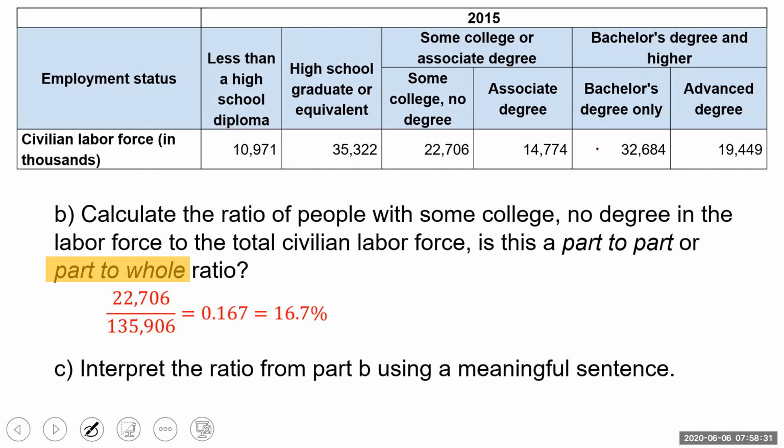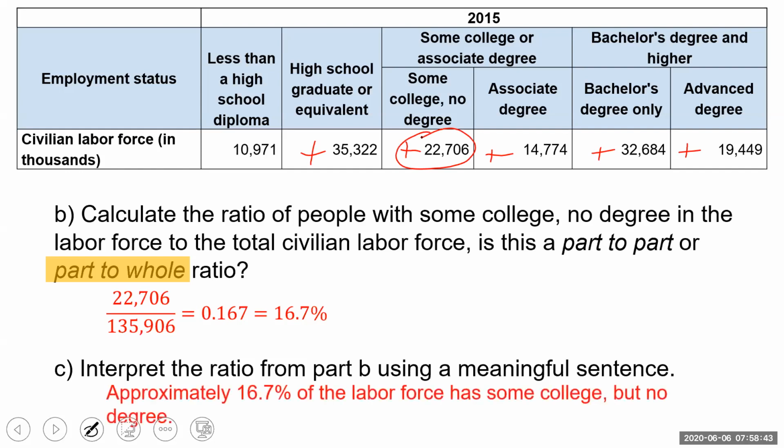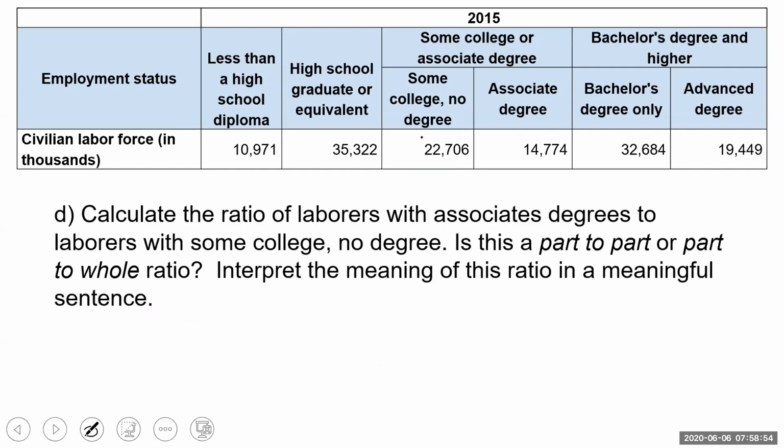Good. So add that, add that, add that, add that. So this guy over the sum of everything. Now interpret the ratio, and approximately you have 16.7% of the labor force has some college but no degree. All right, good. And this is a part to part, and you have the ratio as that. Sweet.